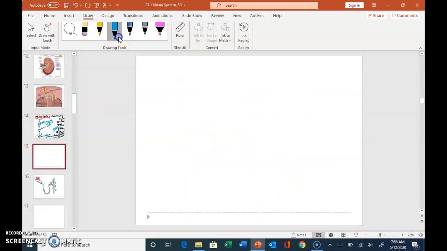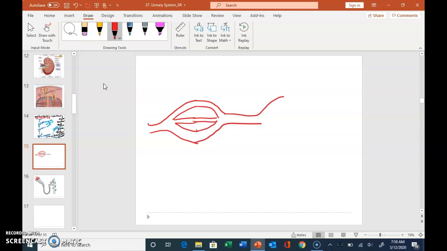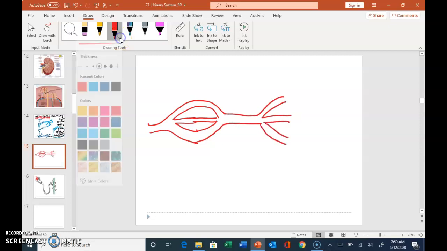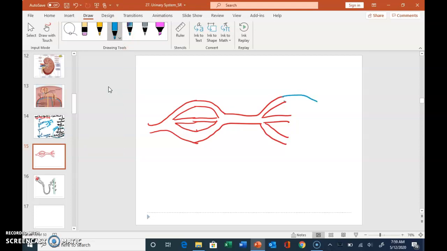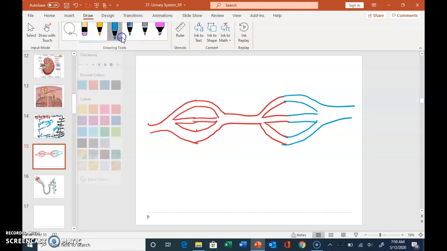Now another important concept. Okay, so here we see an artery.